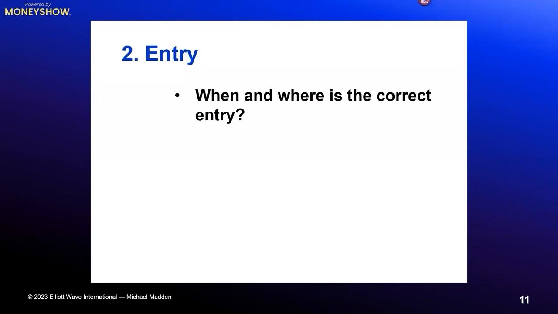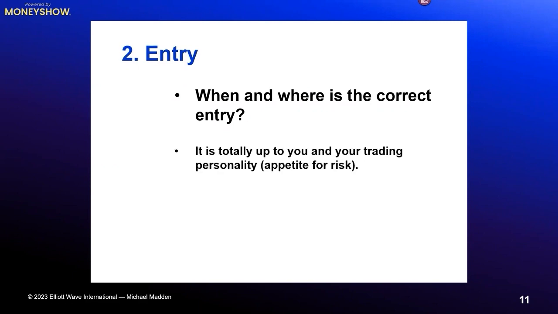So we want to define what we're going to wait for within a setup, and we will all have different appetites for risk, account size, etc. But with the wave principle, we can actually use the patterns, rules, and guidelines to help calculate specific entry points.